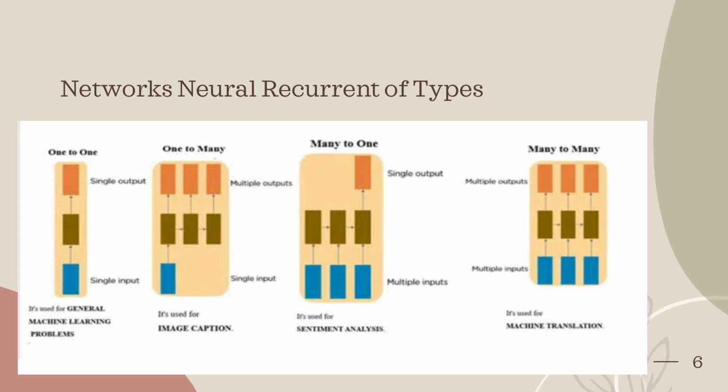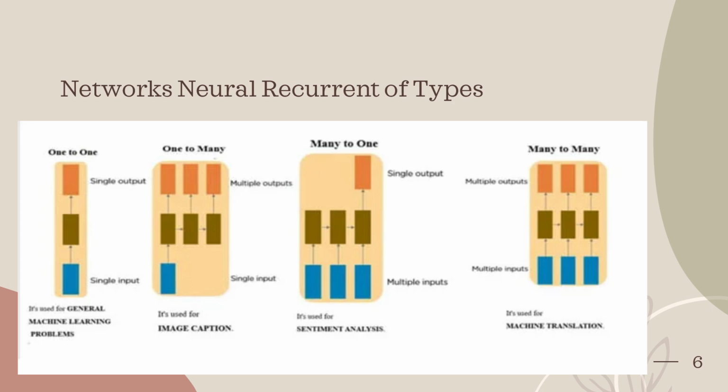One to one has a single input and single output, and between them only one hidden layer. Second is one to many, which has multiple outputs and a single input, in between which we can implement as many hidden layers as we like.